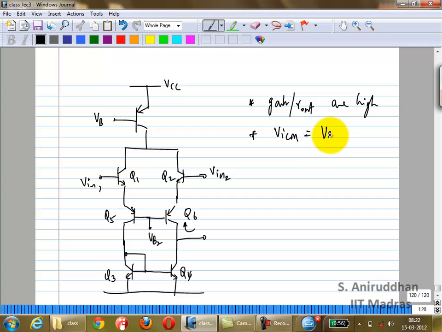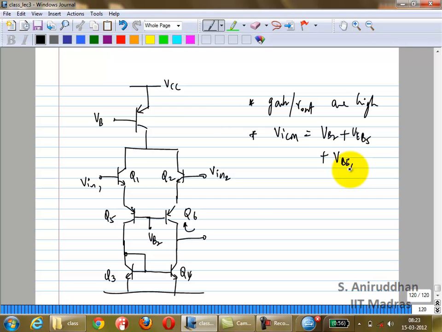So it's still VB2 plus VEB5 plus VBE1. Can this change? No, it can't. The minute you fix VB2, input common mode is also fixed. Is that right?